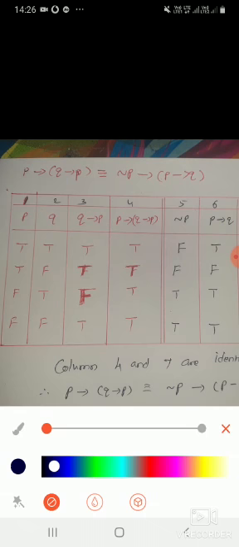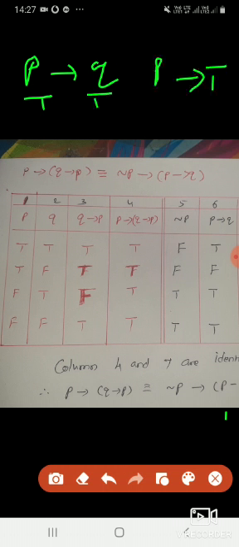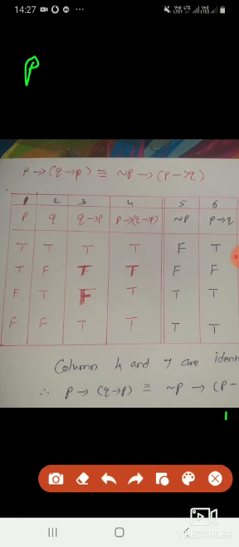For example, in the conditional table, P implies Q: if both are true, the result is also true. Listen, I am revising the table with P and Q, P to Q, if then.